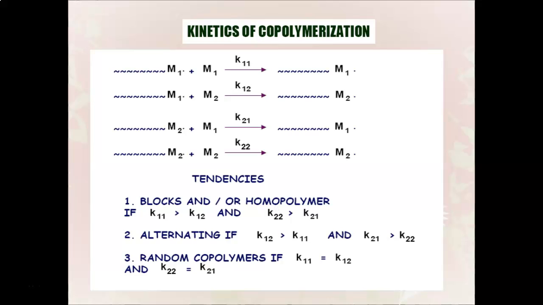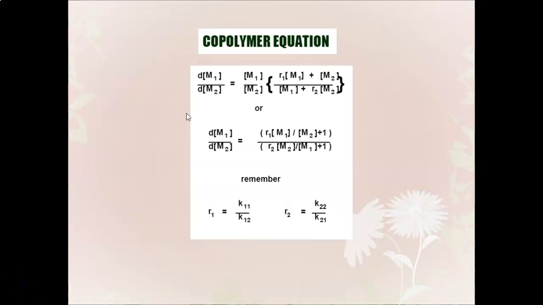For alternating copolymer, if K12 is more than K11 and K21 is more than K22. And for random copolymer, if K11 equals K12 and K22 equals K21. Copolymer equation: the relative rate of incorporation of the two monomers into the copolymer at any instant is given by the instantaneous copolymerization equation, which is obtained in this formula.